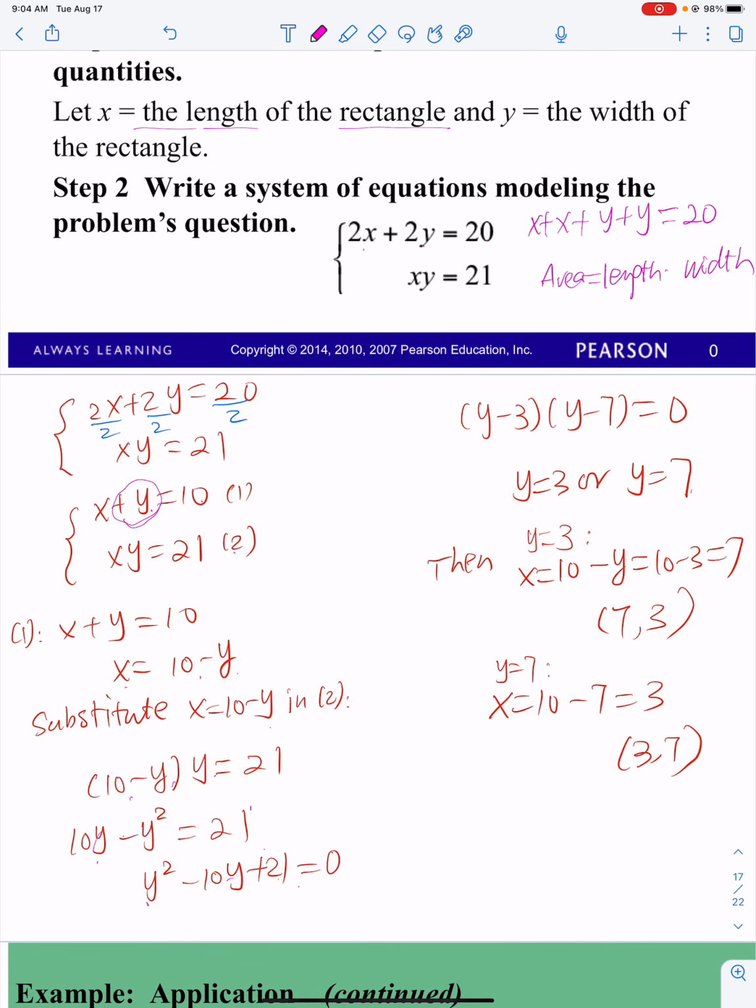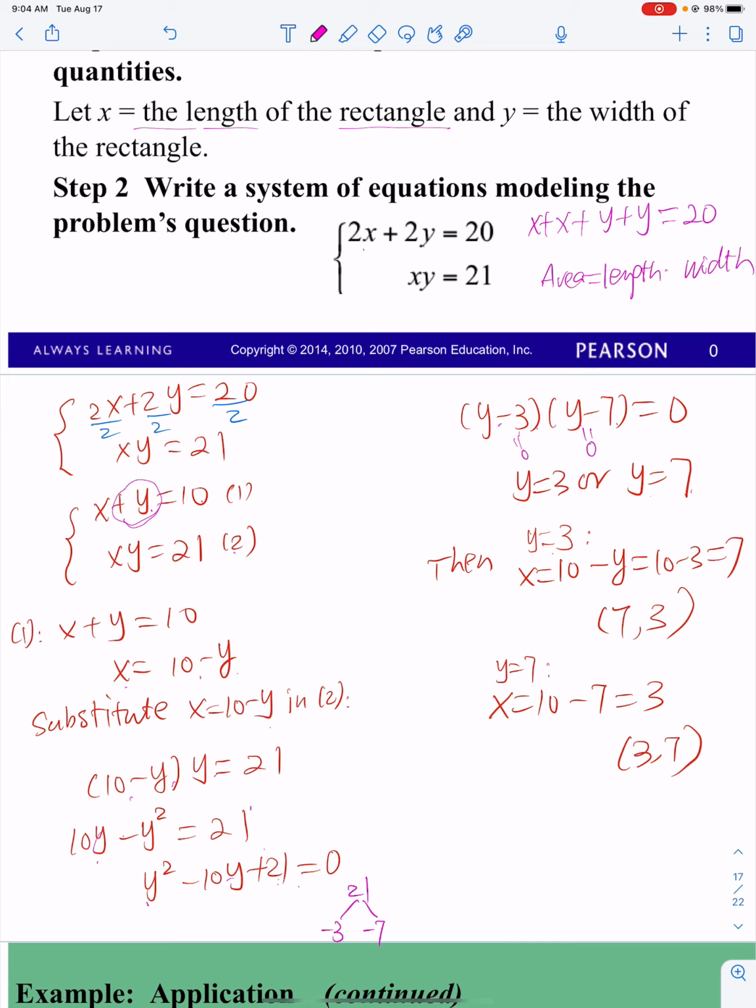Then what will you do? You want two numbers that multiply together to 21 and add together to negative 10. So it's negative 3 and negative 7, yeah? So y minus 3 times y minus 7 equal to 0. Then let each part equal to 0 here, yeah? So y minus 3 equal to 0 or y minus 7 equal to 0. So y equal to 3 or y equal to what? 7.